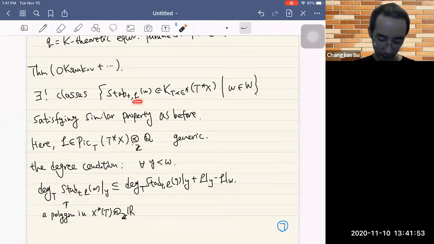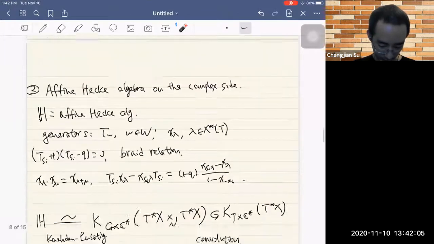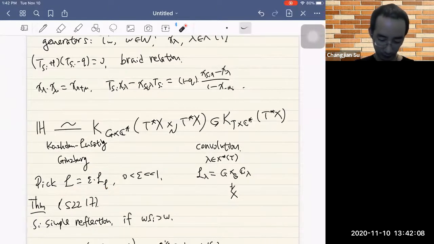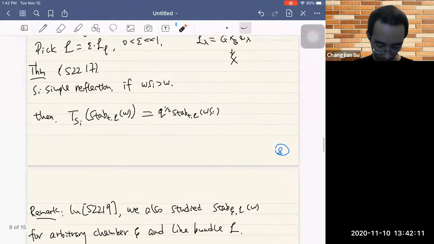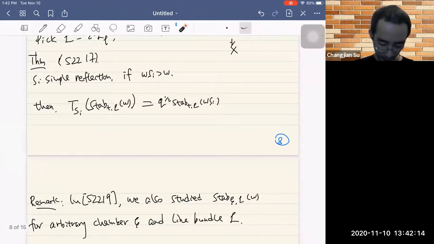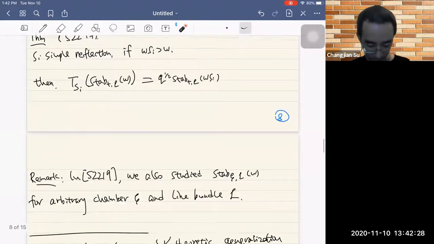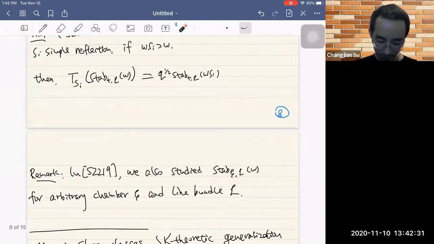So finally, this L will only depend on the choice of the alcove inside here, and here we are picking the fundamental alcove. In another collaboration work with Gufang Zhao and Zhong, we studied the stable basis for arbitrary chamber and arbitrary alcoves. That is to say, we can determine all the stable bases. The result roughly says as follows.